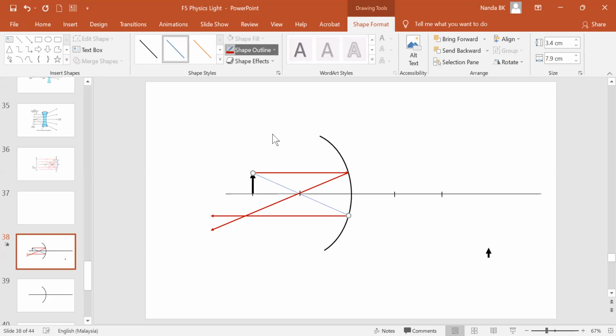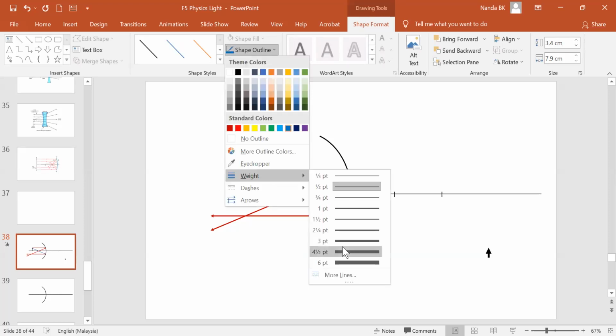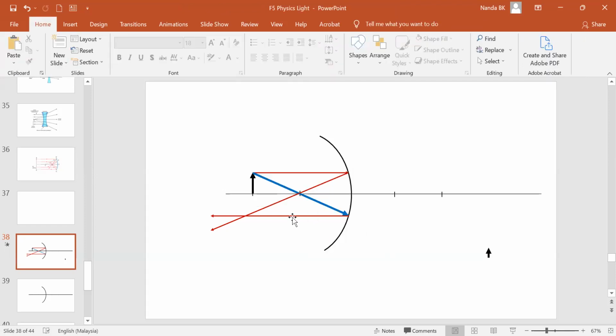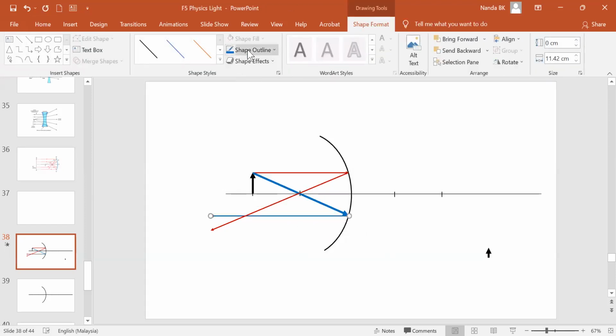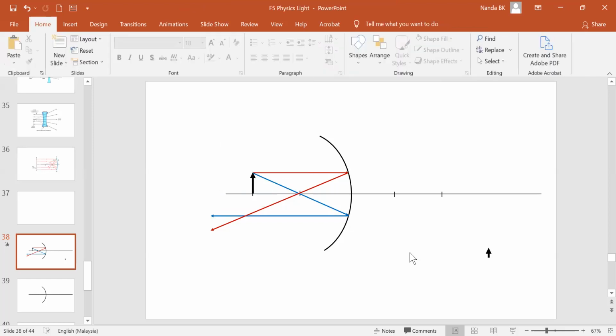Okay, clear. You see? So the first light is passing through here. Anything parallel will go through the focus. Anything that goes through the focus will come out parallel.